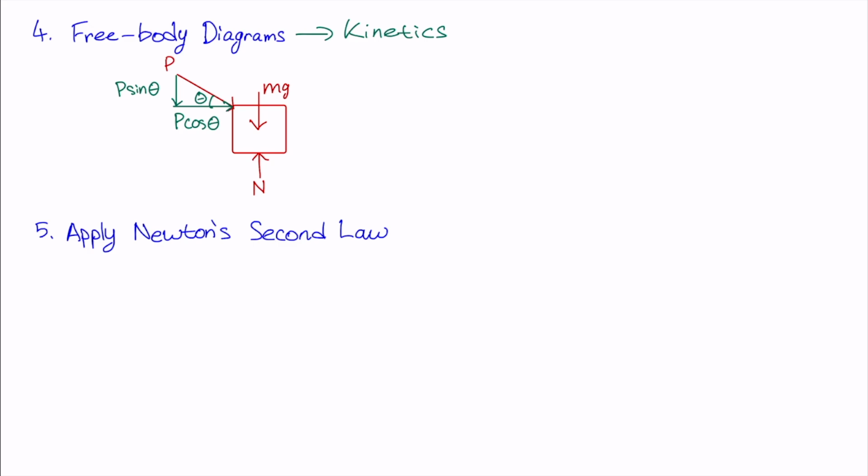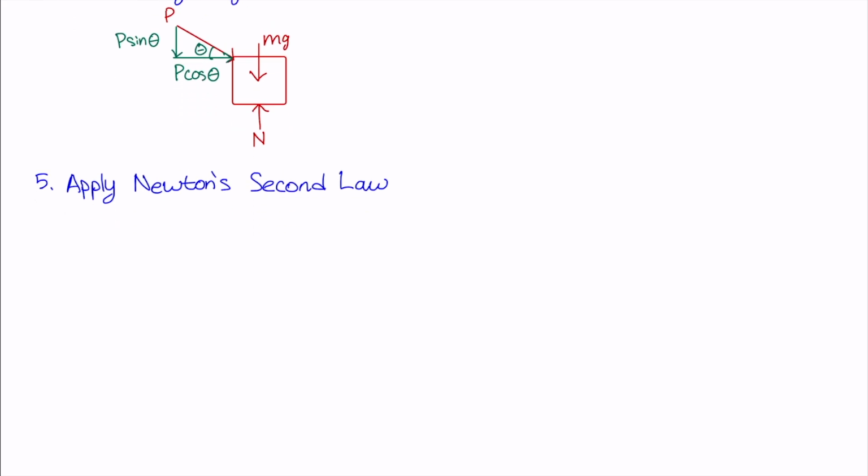So we have now broken up all of our forces, and we're ready now to apply Newton's second law. Let's just write out what Newton's second law is, and this is that the sum of the forces is equal to the mass times the acceleration. And we're going to start with the full vector equation. So we'll start with our forces.